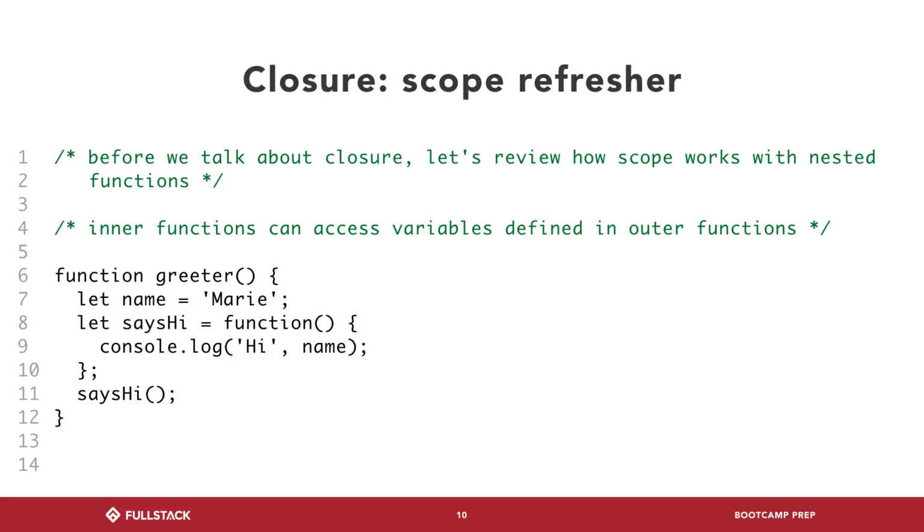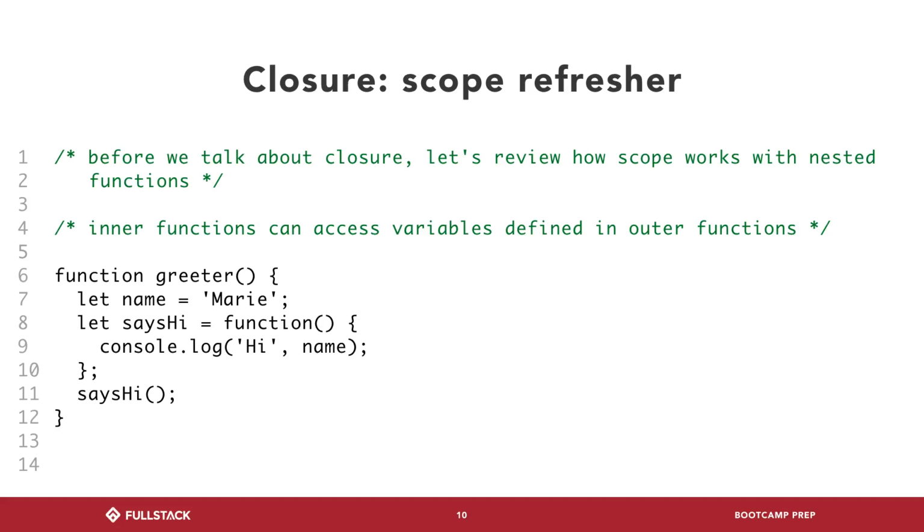On line 11, when we actually run saysHi, it's going to say hi name, right? Well, on line 9, the first time it runs, it's going to say, okay, do I have a variable in my own scope, between lines 8 through 10, called name? The answer is no. Okay, do my parents have a variable called name? My parent is this scope made under the function greeter.